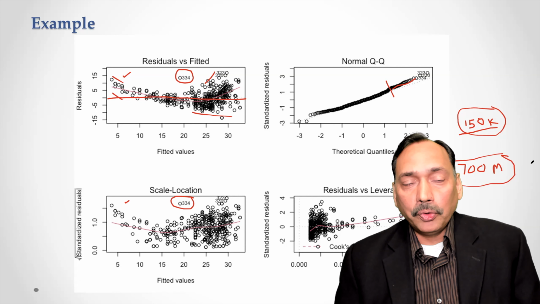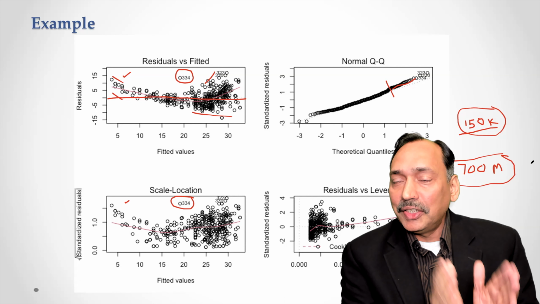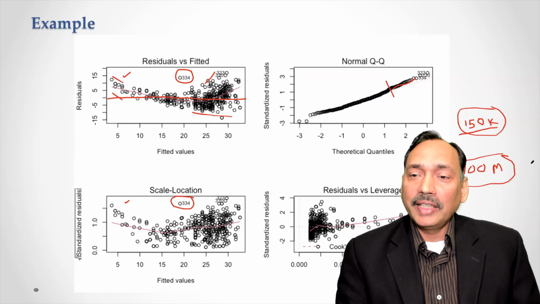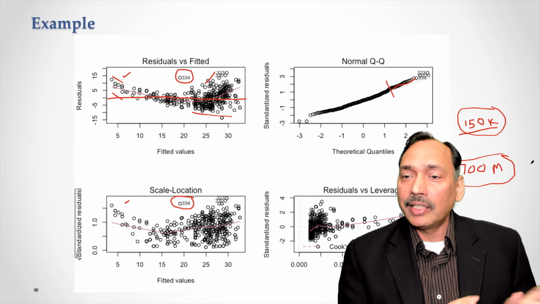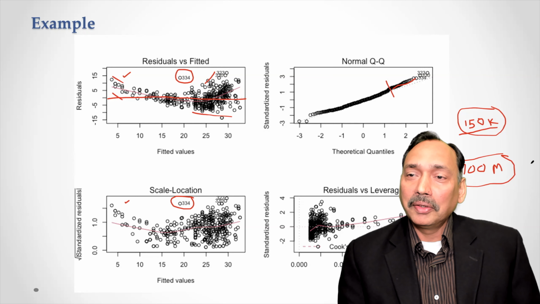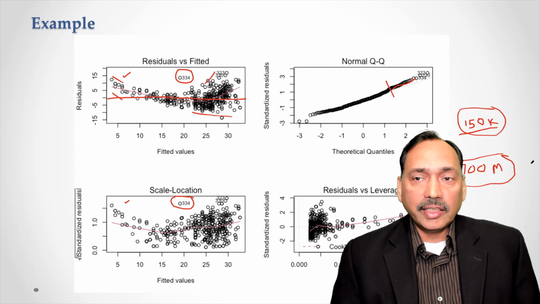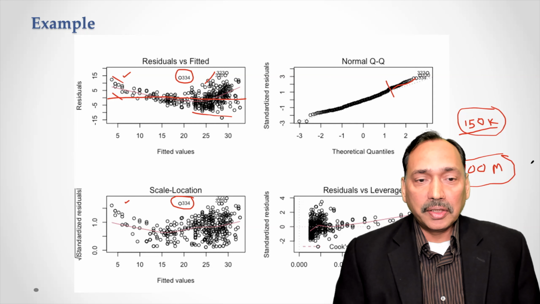One way to handle that could be to find the average of similar cars and use that average instead of that 700 million value, which was probably some kind of phone number entered by mistake. So different strategies can be used in different situations.